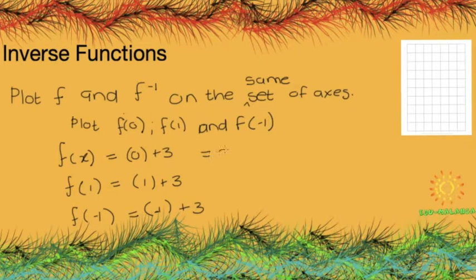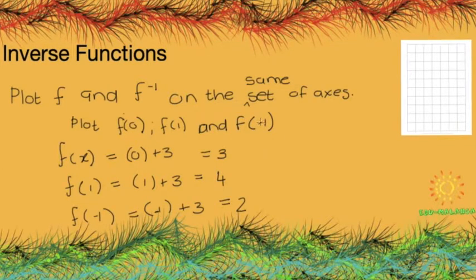What this gives is 3. What this gives is 4. And what this gives, -1 plus 3, is 2. Okay. Essentially it's like 3 minus 1, if you don't understand that.